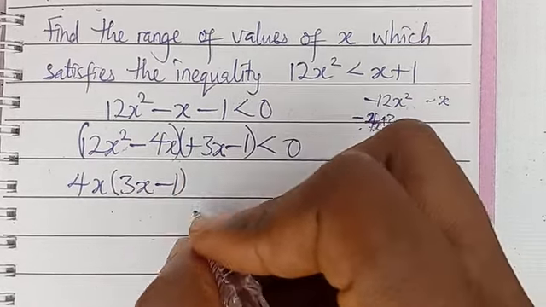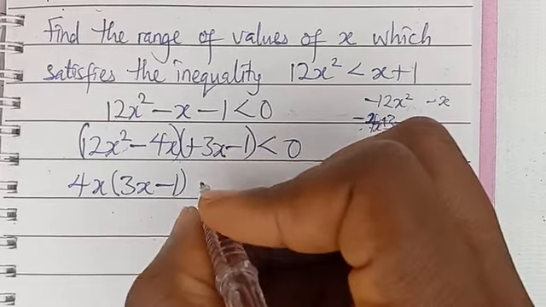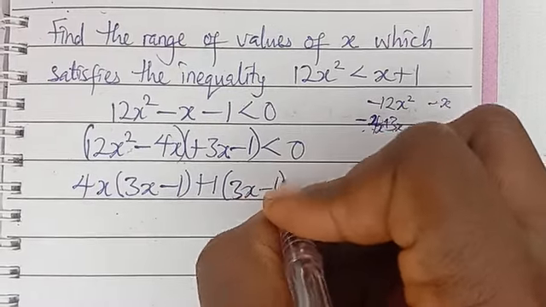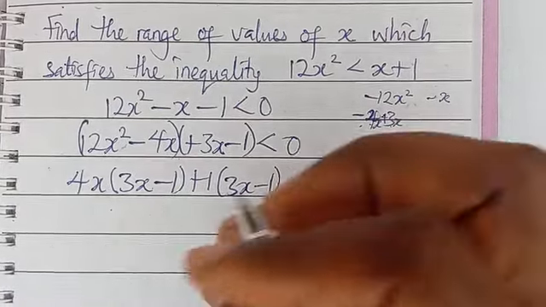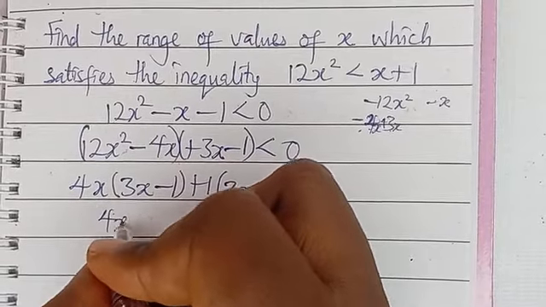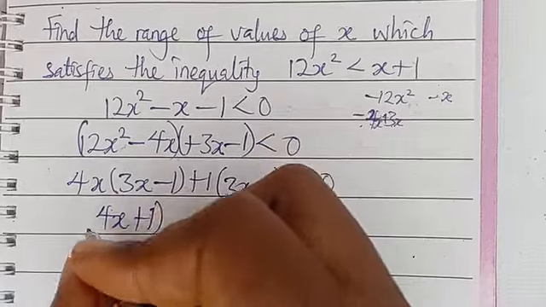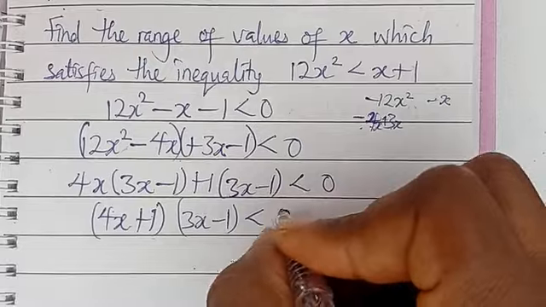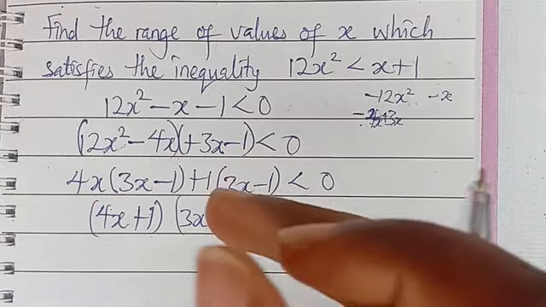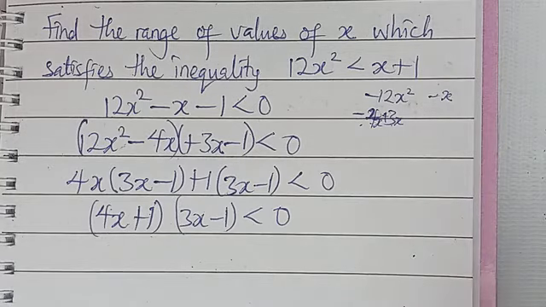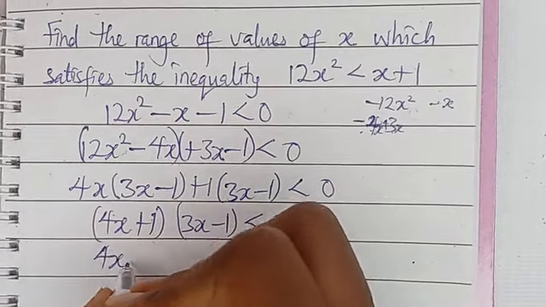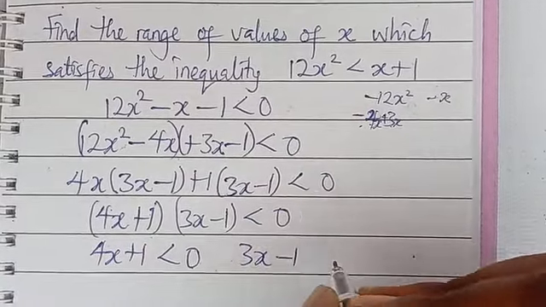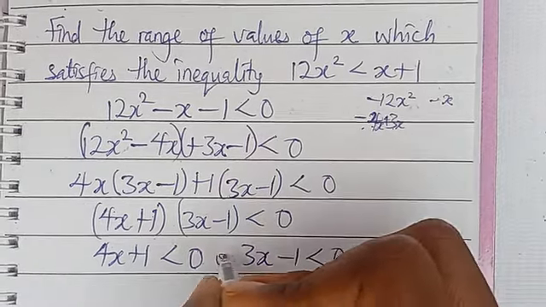So then for this, 3x into 3x is plus 1, right? So we have 3x minus 1 less than 0. We collect the outside terms and the inside terms less than 0. So this is less than 0 or this is less than 0. We have that 4x plus 1 less than 0, or 3x minus 1 less than 0, right?